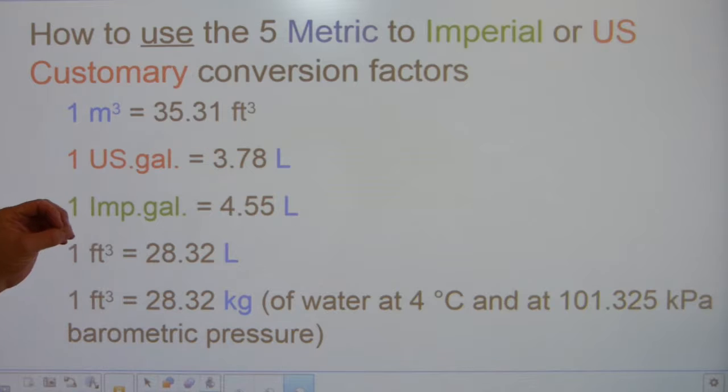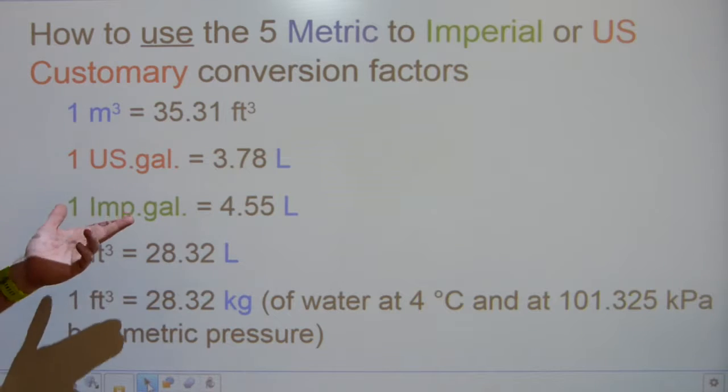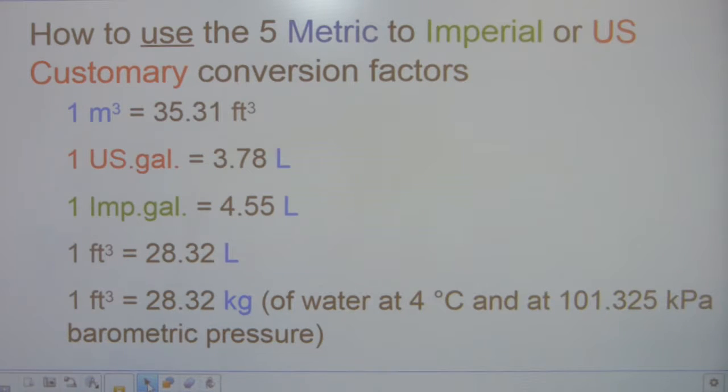But visualizing is an important part of the math that's to be done, because what you do with the conversion factors comes out from either visualizing or from directionality. Let me explain directionality.